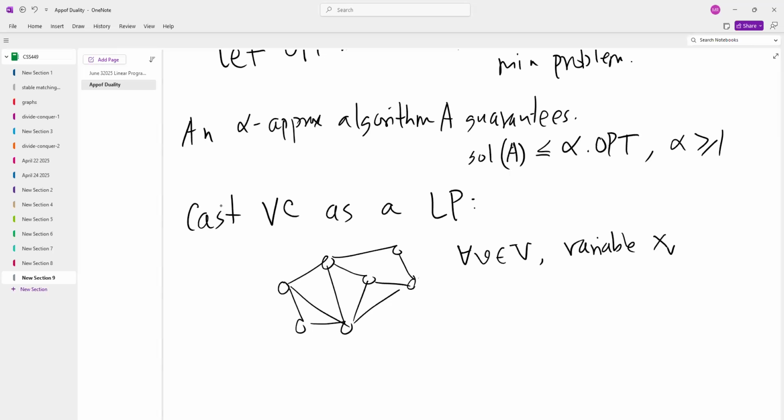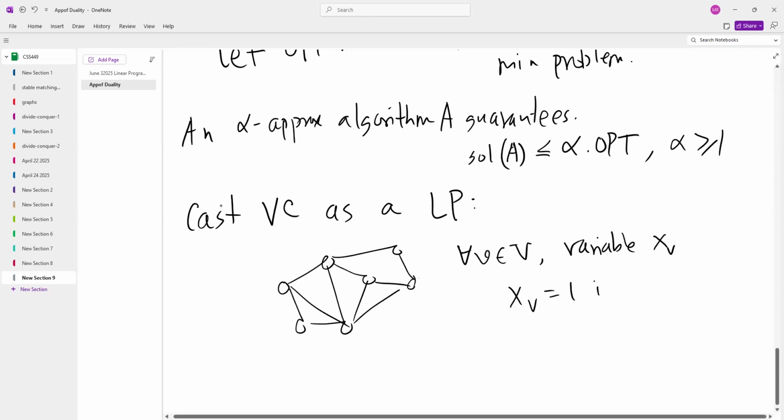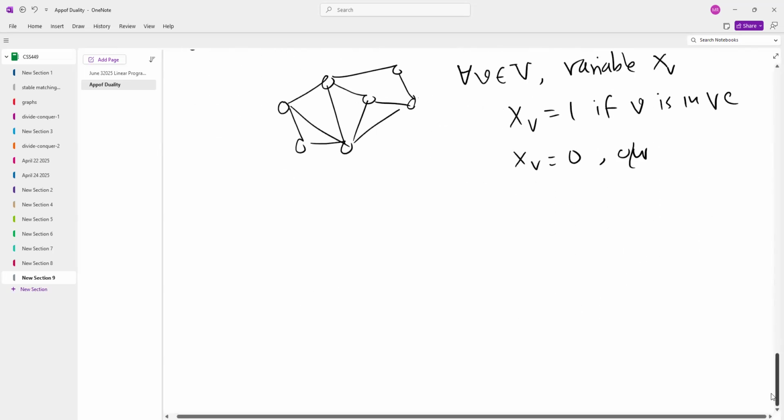So for now, I don't want it to be a fraction. My problem is constraining the variables to be integers. So xv equals 1 if v is in my chosen vertex cover, and xv equals 0 otherwise. That's my variable definition.